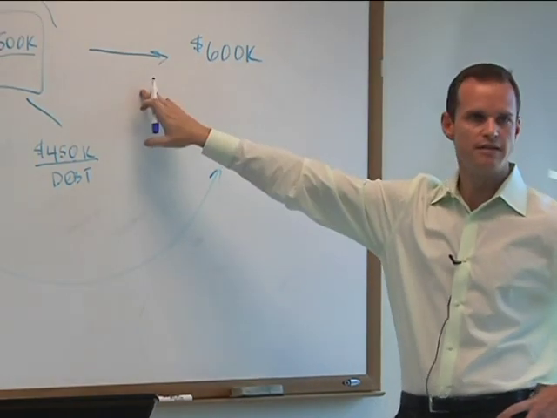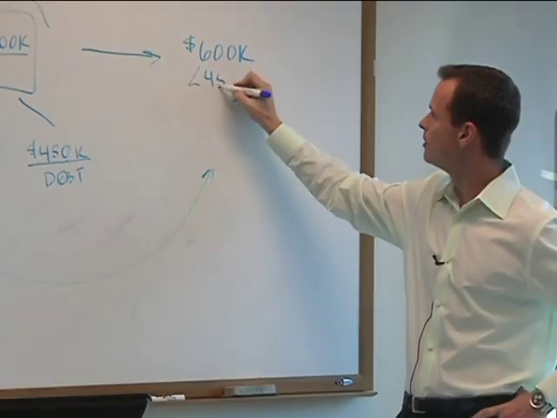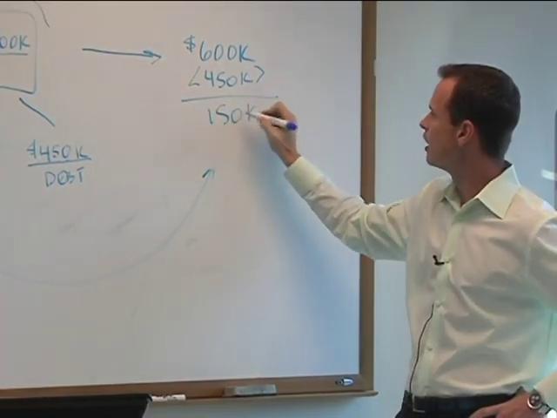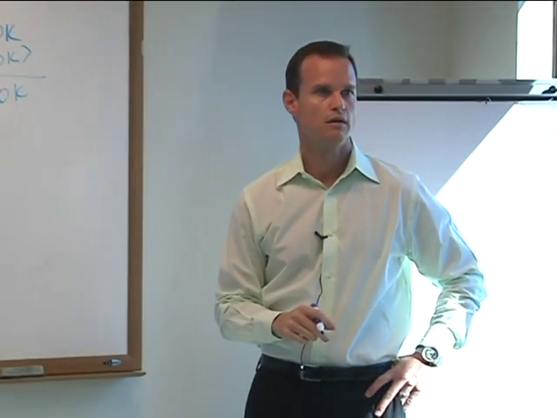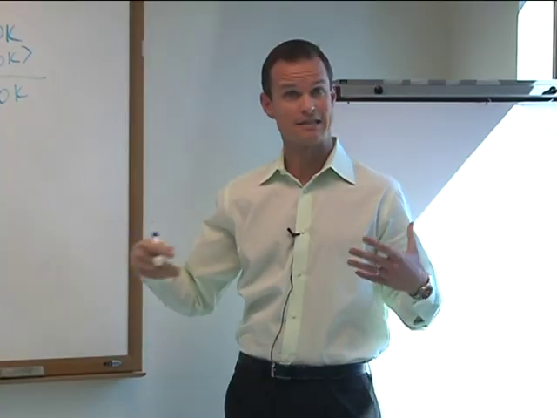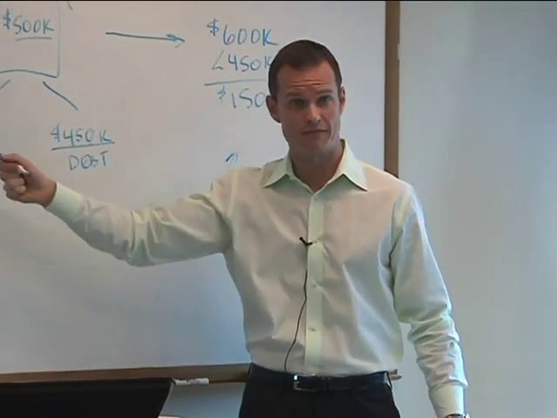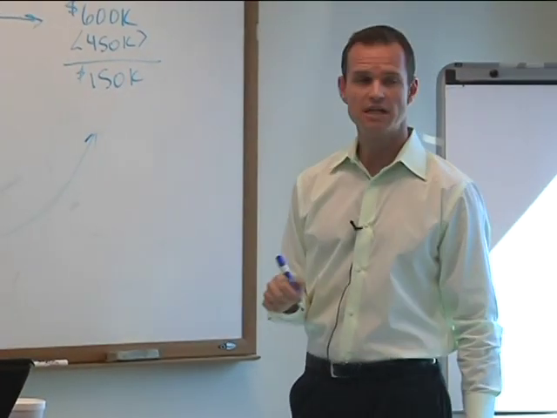Same scenario applies. After a year, we sell our house for $600,000. We pay off our debt, $450,000 in this case, leaving $150,000 to go back to equity. In overall dollar terms, it's less money, but remember, we put down a lot less. We only put down half of what we did in our first case. So this 50 has become 150.